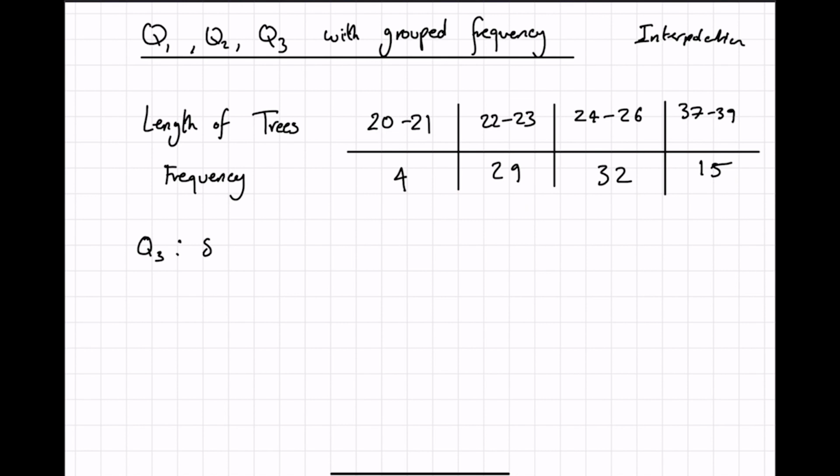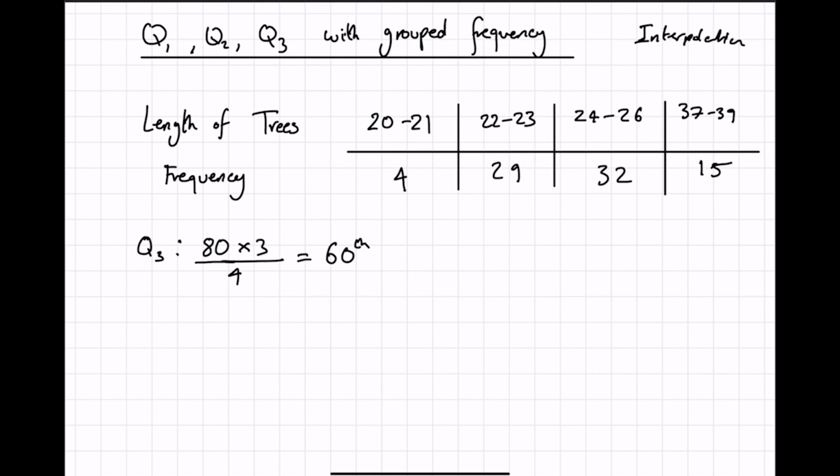So we'll put down 80 times 3 over 4 to find out which value we need to find. So this is how we normally find our quartiles. So 80 times 3 would give us 240, and 240 divided by 4 tells us we need the 60th value.